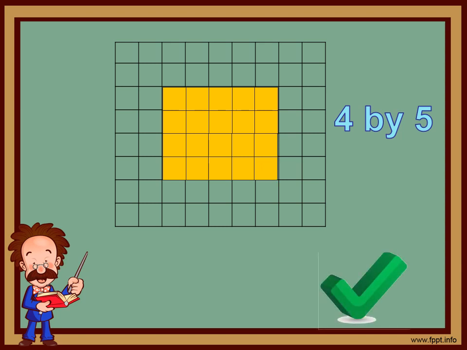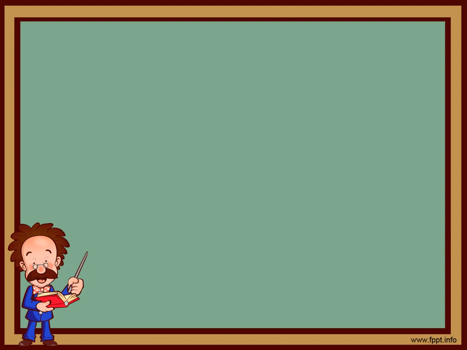Now do we have 4 by 5? Yes. 1, 2, 3, 4 rows and 1, 2, 3, 4, 5 columns. So it's 4 rows.